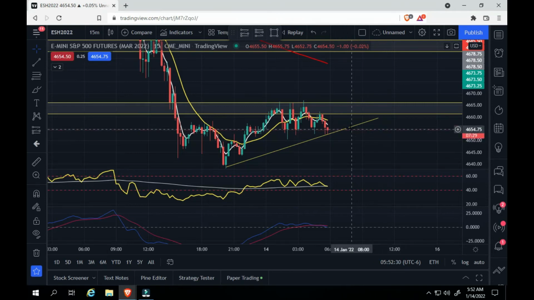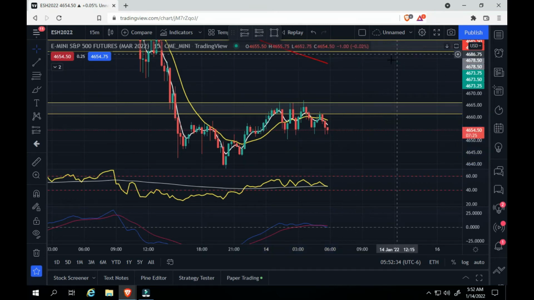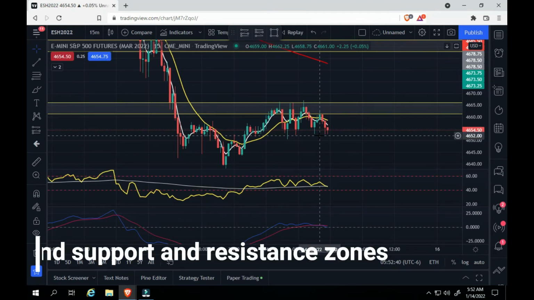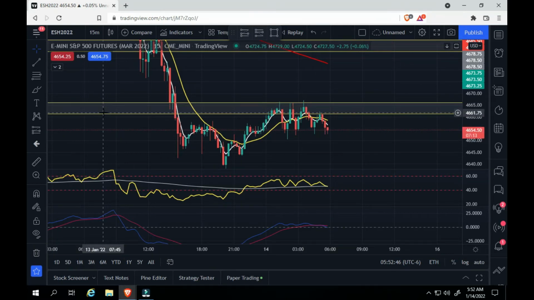All right, another thing I want to talk about, in the same tip along with trend lines, is finding support and resistance. As you see these blocks here, these are support and resistance zones that I've set up already.